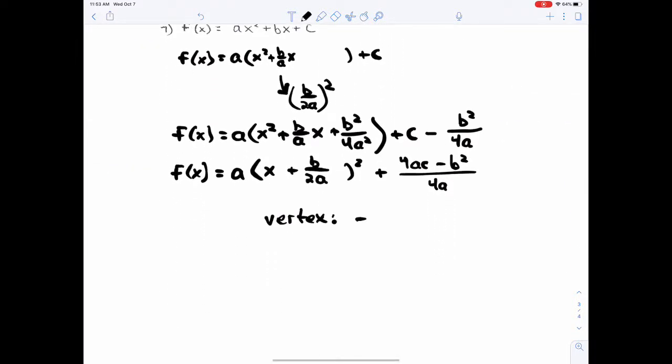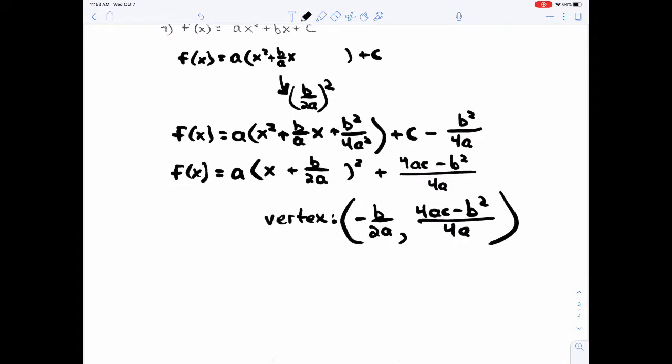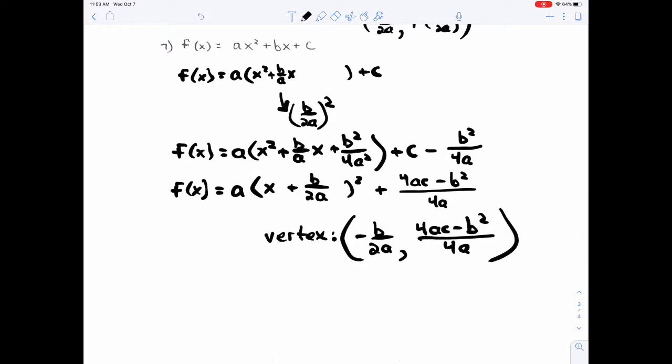Well, what's the vertex for this one? It'd be negative b over 2a, comma, 4ac minus b squared over 4a. Okay? So when I gave you a few days ago how to find the vertex of a parabola in standard form, ax squared plus bx plus c, I only gave you this part of it. Why? Well, I could have you memorize the 4ac minus b squared over 4a, but why bother? Why not just memorize the negative b over 2a and then take that number and plug it in?